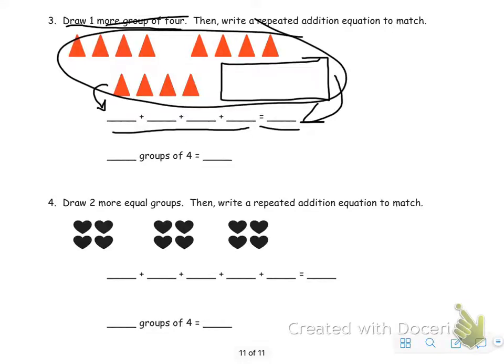So you'd go like that and fill that in, and then you would write how many groups there are. So blank groups of 4, so each of these once again has 4 in it. So blank groups of 4 equals blank, and that's just the total number of all the triangles together after you've drawn the one more group in here.